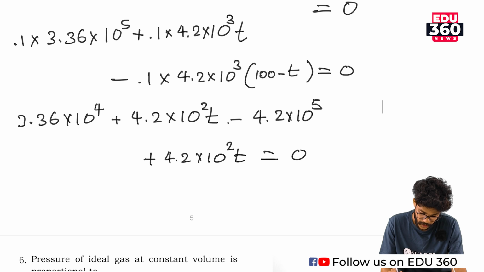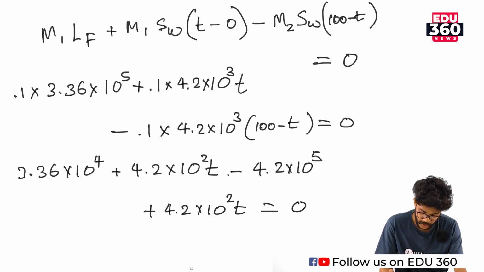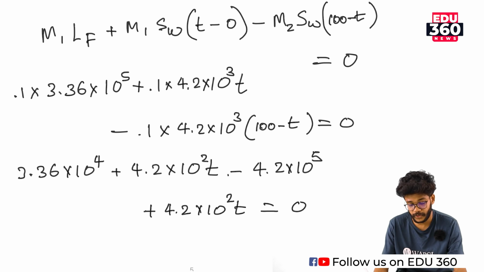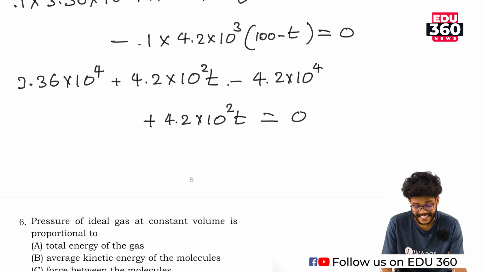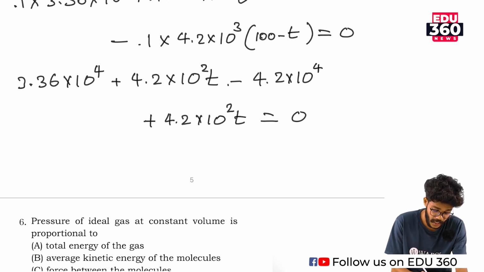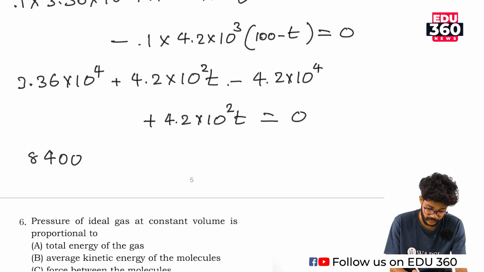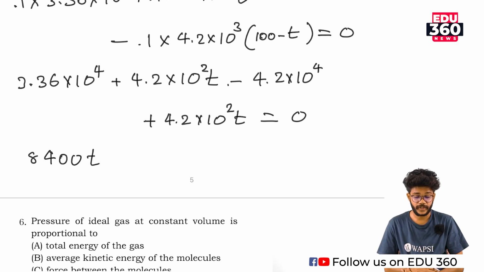The 4.2 into 10 raised to 4 is because 0.1 into 100 is 10, and 10 into 10 raised to 3 is 10 raised to 4. So 4.2 into 10 raised to 2 T plus 4.2 into 10 raised to 2 T means 8.4 into 10 raised to 2 T, which we can write as 8400 T.